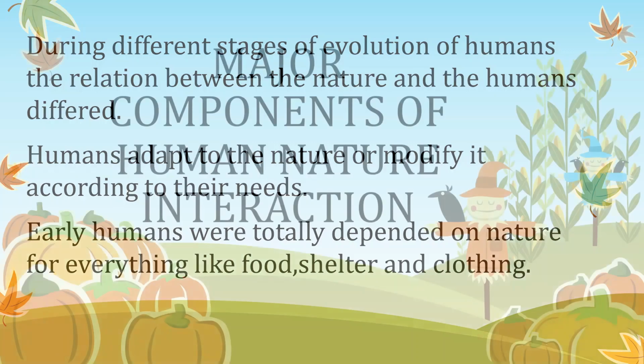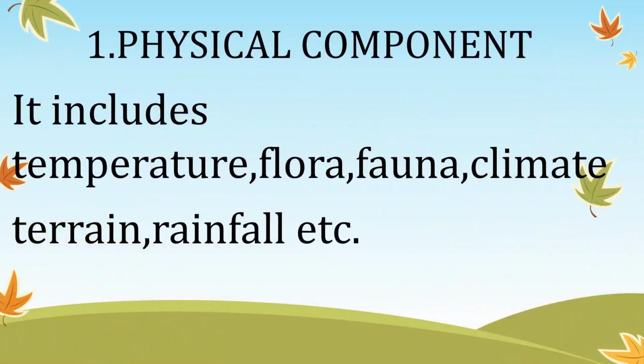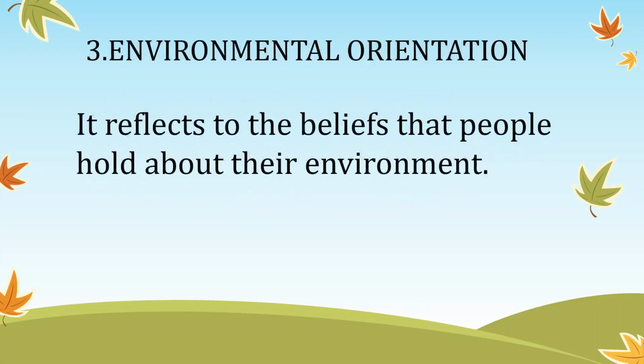Next, major components of human nature interaction. First component, physical component. It includes temperature, flora, fauna, climate, rainfall, etc. Second, social culture environment. It includes all aspects of cultural environment such as customs, socialization, etc. Third one, environmental orientation.